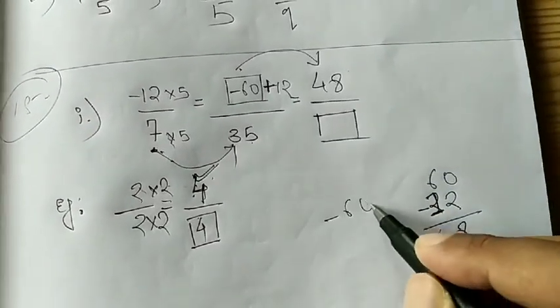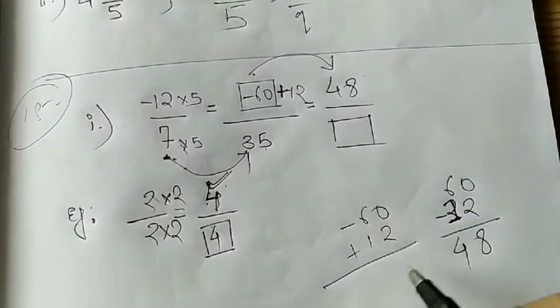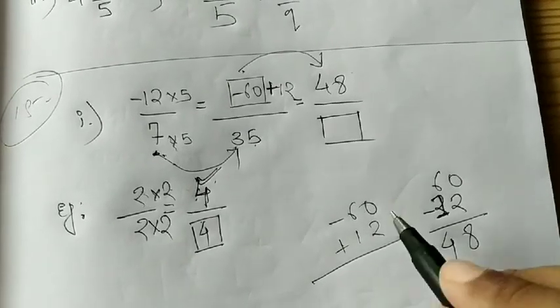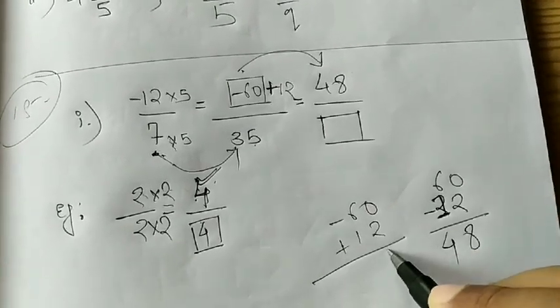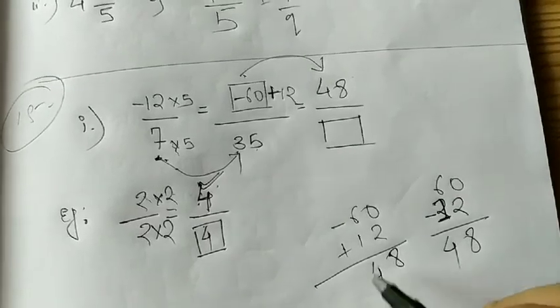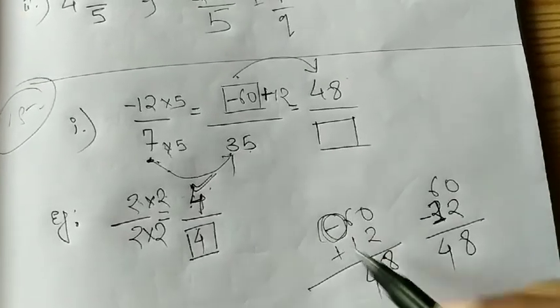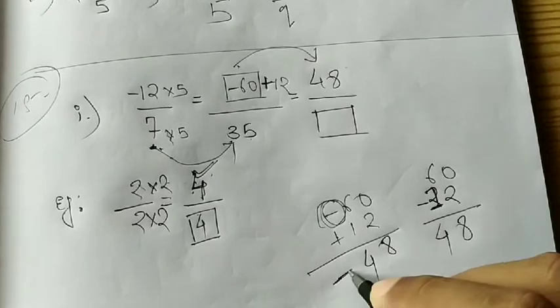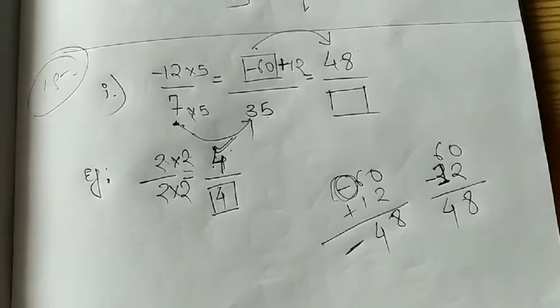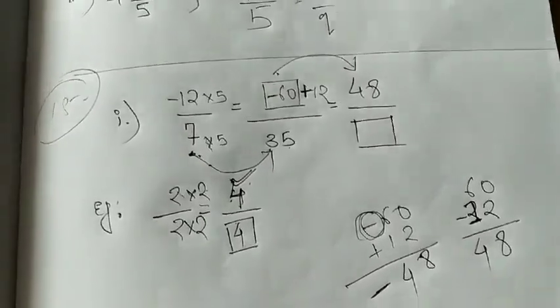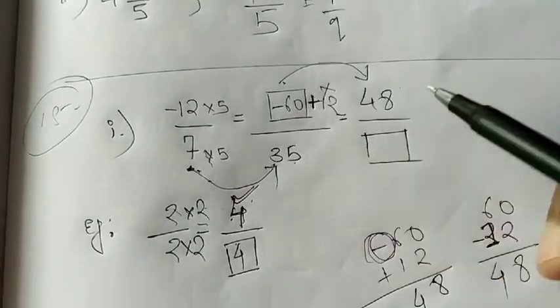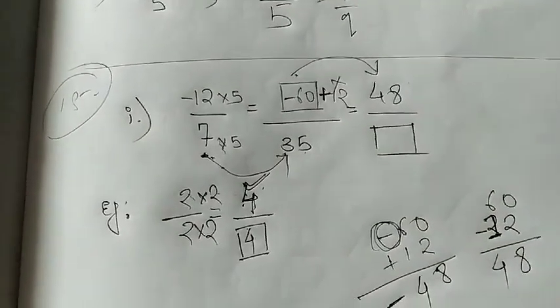And now minus 60 plus 12. Minus plus, you have to subtract. We'll put the sign of negative. Okay, so minus 12 is wrong. Instead we'll have to do something else.